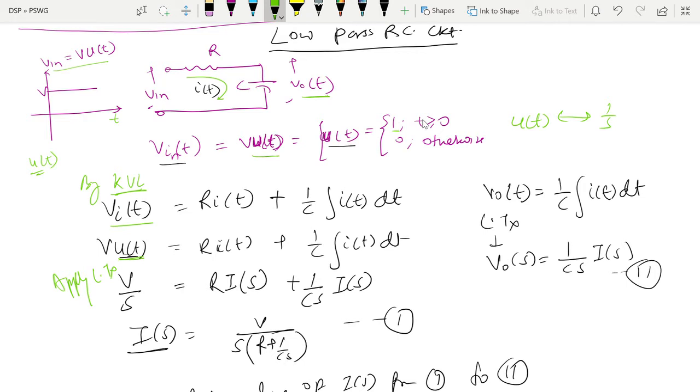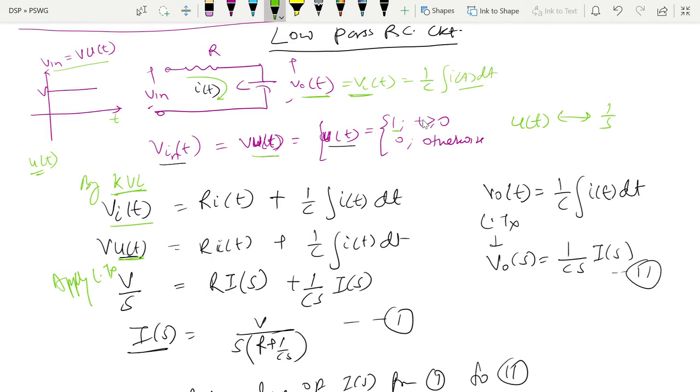By taking I(s) common, you will easily get I(s) equals V by S times R plus 1 by Cs. In a similar way, we get V naught(t), the output voltage. The output voltage is equal to the voltage across the capacitor, which is 1 by C integral i(t) dt.